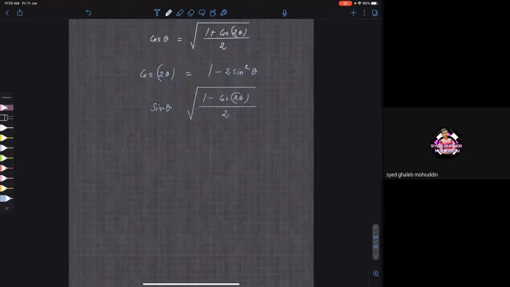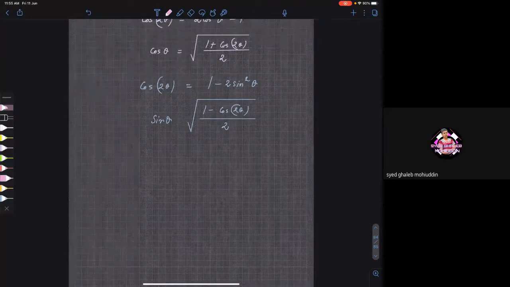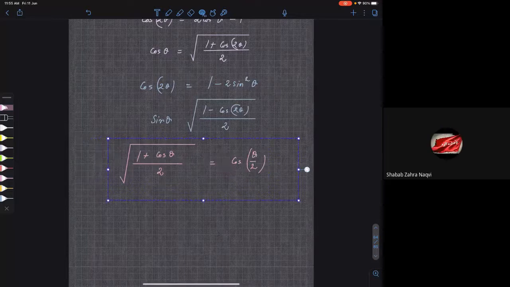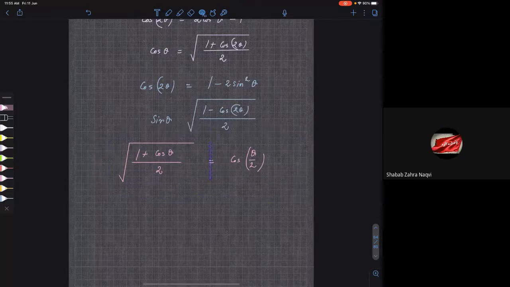Clear? So based on this, we can write other versions also, like under root 1 plus cos theta by 2 is equal to cos theta by 2. So this is one thing.